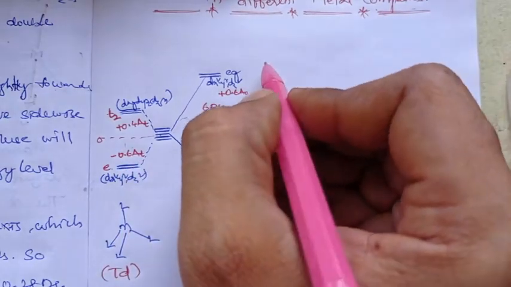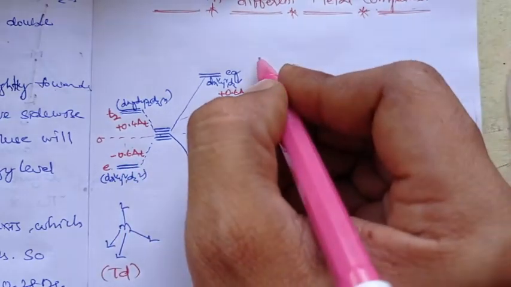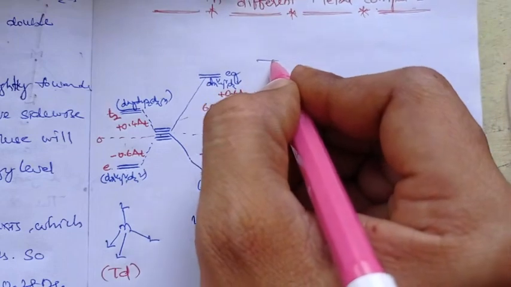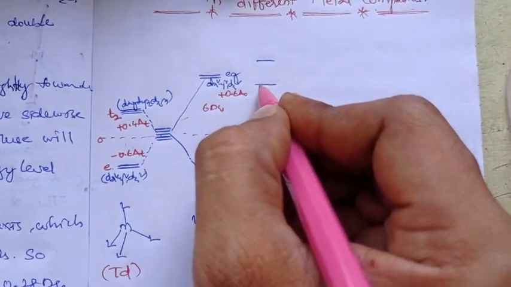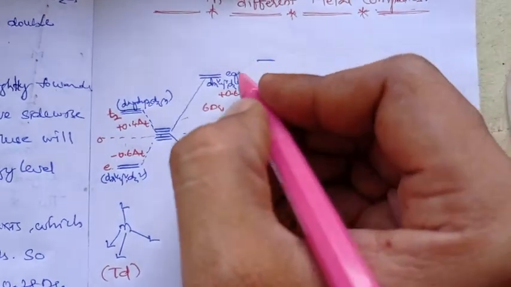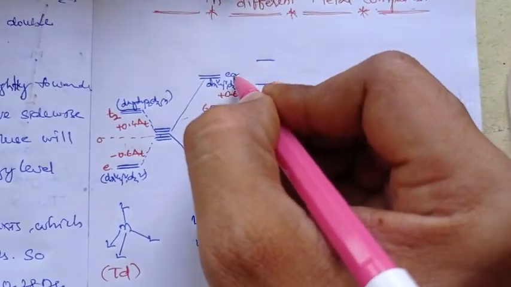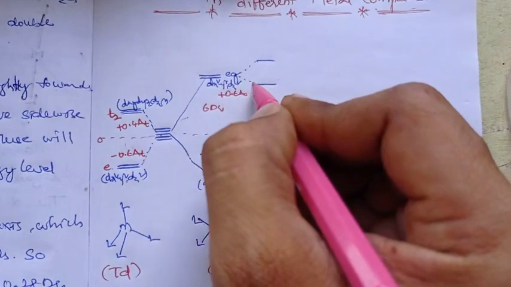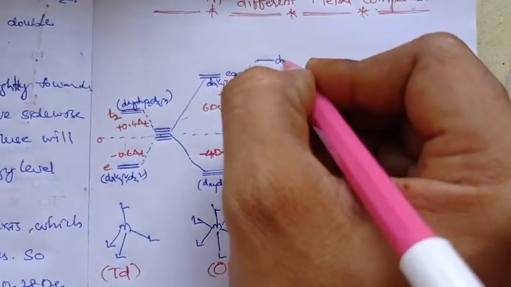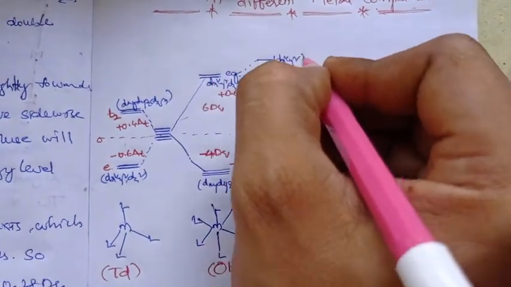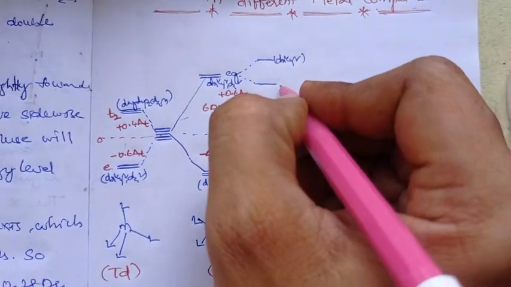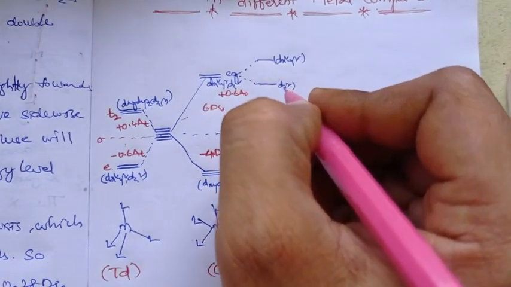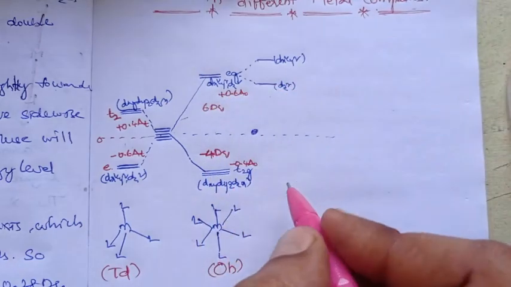Now I am going to take the distorted octahedral, where there are four energy states. The excited Eg splits into two. The highest energy is the dx square minus y square orbital, and the next is dz square.